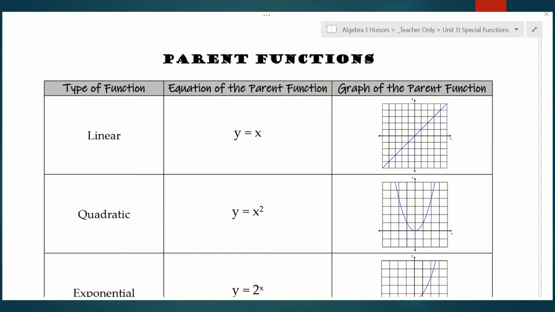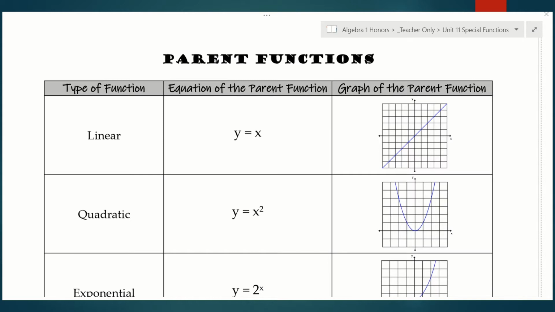Or if I said y equals 3x, it's different from the parent function because although it still goes through the origin, now the slope is 3, so it's more steep than the original parent function. So it's a way to compare the functions you're given to the parent function. The second half of this unit is all about changing the functions from their original version. So just in a quick snapshot, that's why we talk about these parent functions.